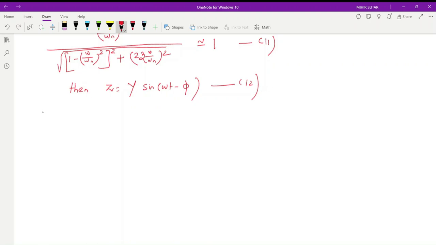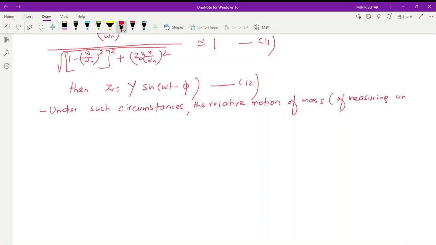Under such circumstances, you can write the relative motion of mass of measuring unit is equal to the displacement to be measured.